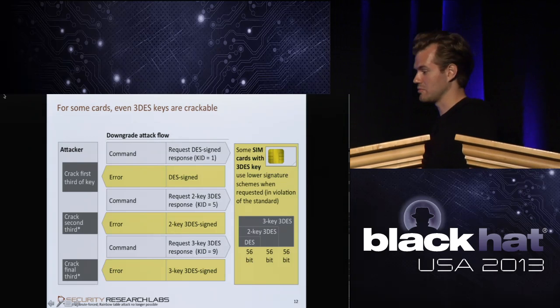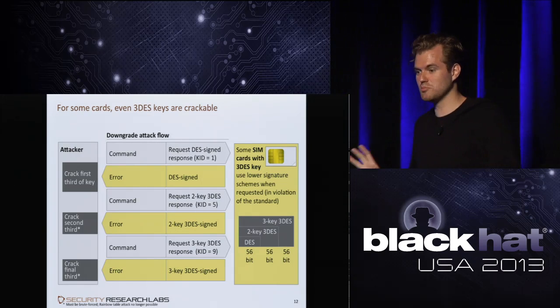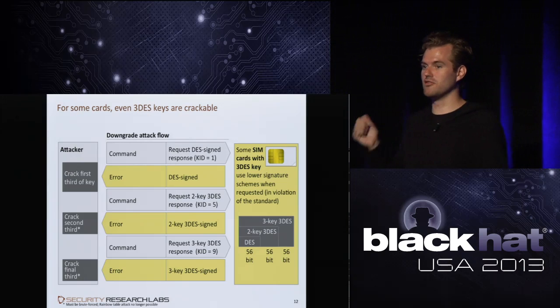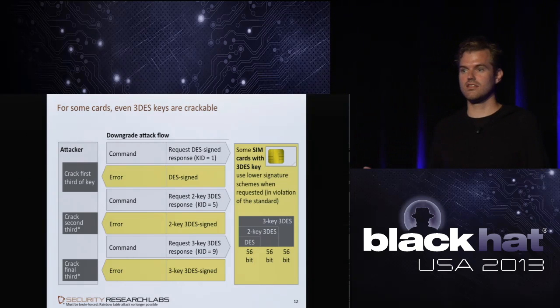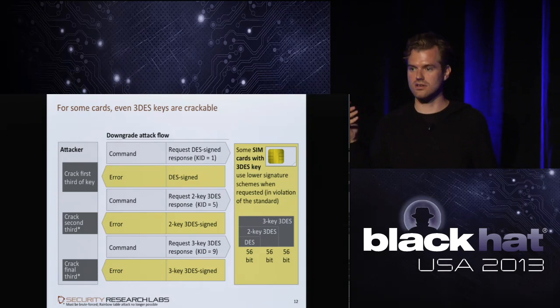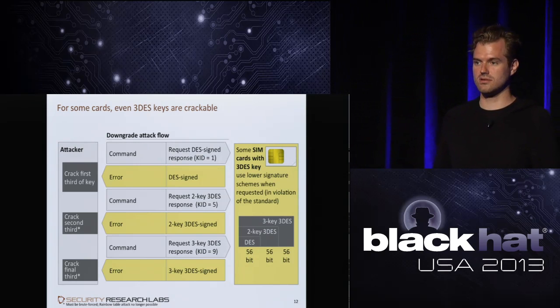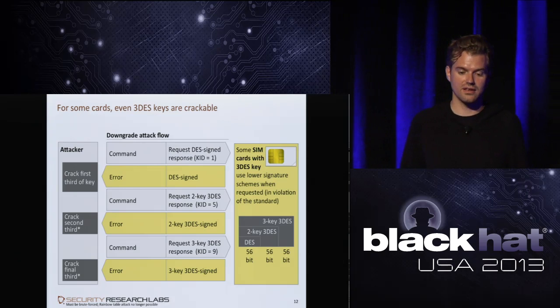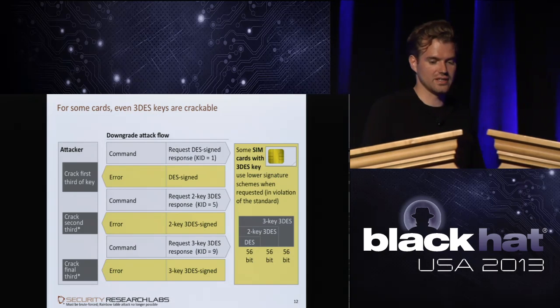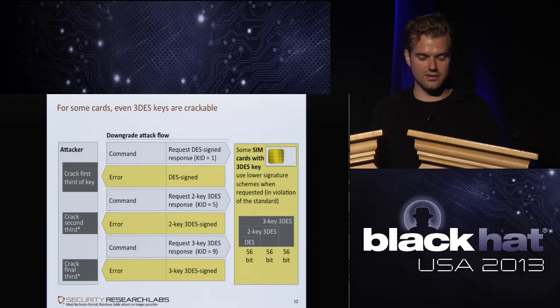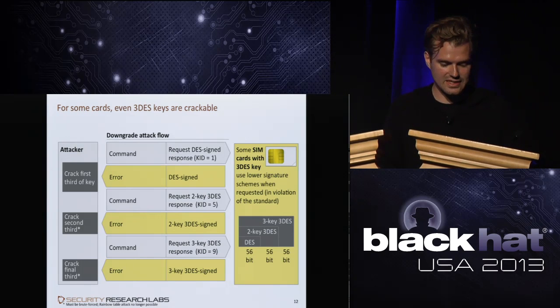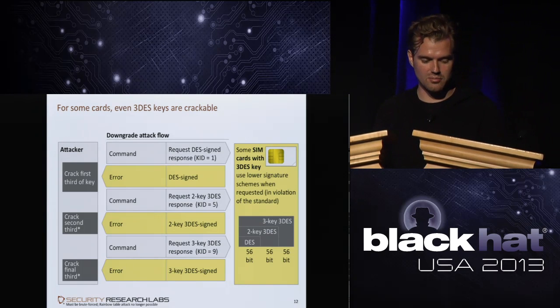So some SIM cards, I have to emphasize this, some SIM cards give away a full triple DES key through three iterations of a brute force attack, or one rainbow table and two brute force, right? And I hope this will inspire some operators to look a little closer into the exact vulnerability before saying we are not affected at all.